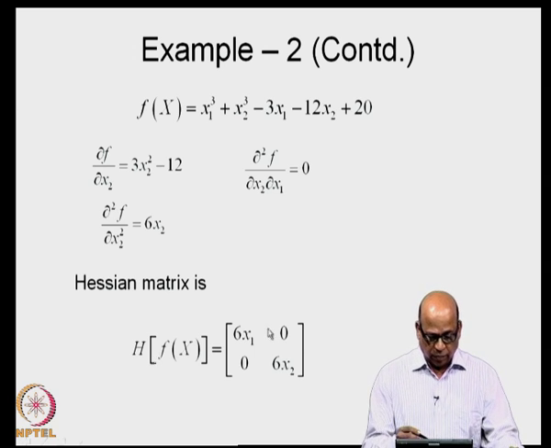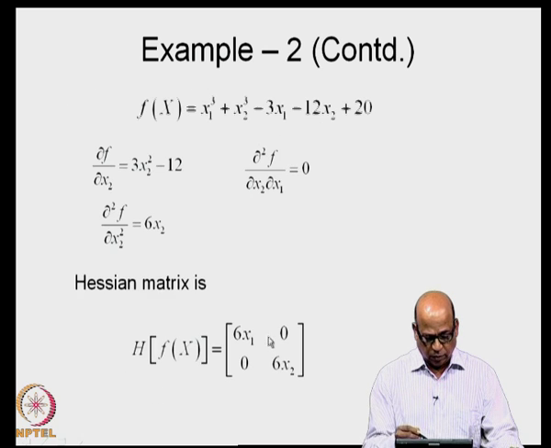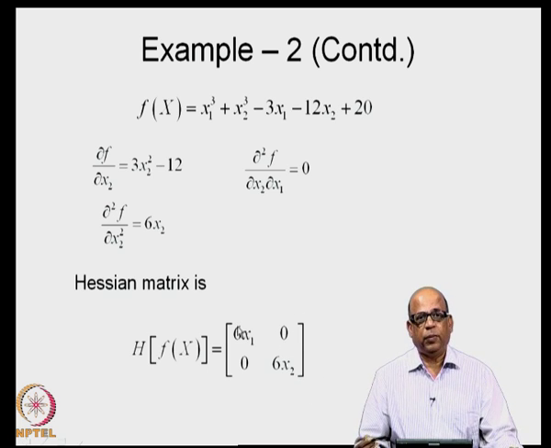So, the Hessian matrix is 6 x1, 0, 0, 6 x2. So, this determines the Hessian matrix.